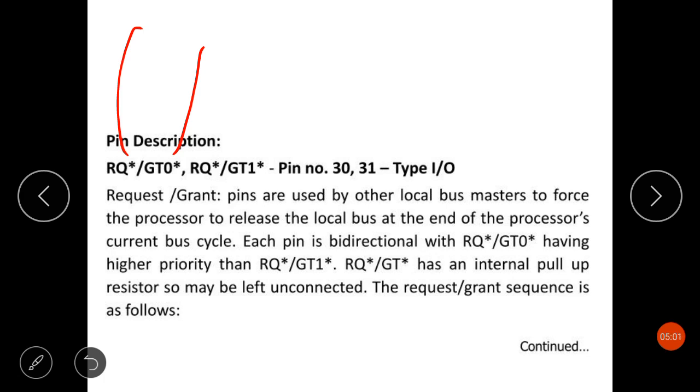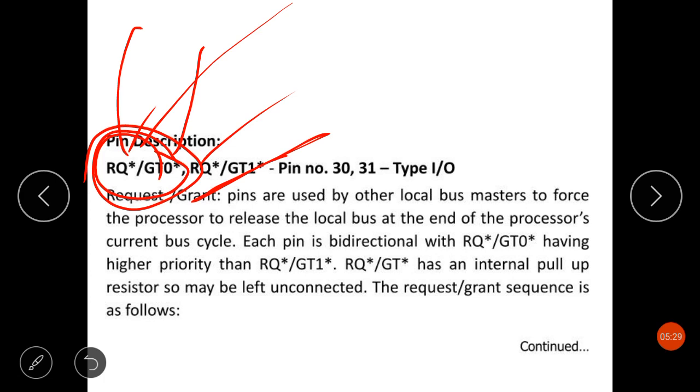Both the signals are similar, except RQ bar slash GT0 bar has higher priority than RQ bar slash GT1 bar. If both pins get activated, this one will have the higher priority and will be served first.